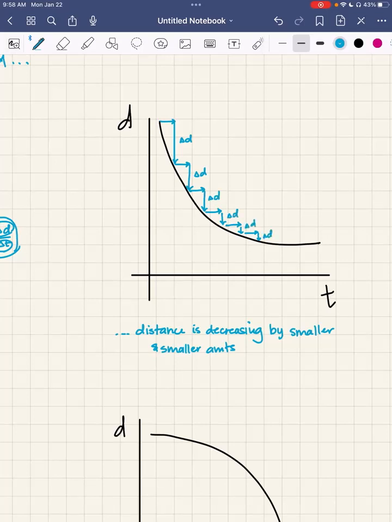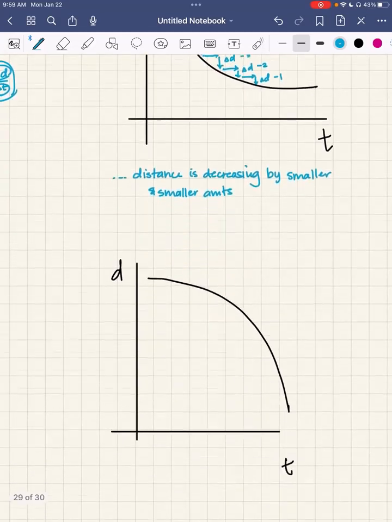So maybe this change in distance is like 10 feet versus 7 feet versus 5 feet versus 3 feet, 2 feet, 1 foot. So we are decreasing our distance, but by smaller and smaller amounts. And sometimes, by the way, a great strategy is to make up numbers. Sometimes that will help you kind of wrap your brain around the situation, just so you know.